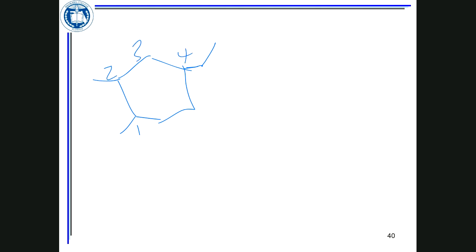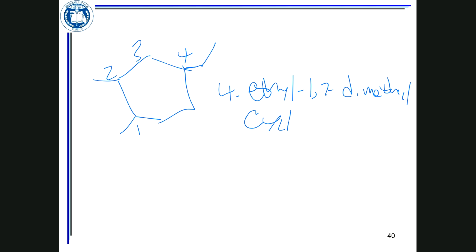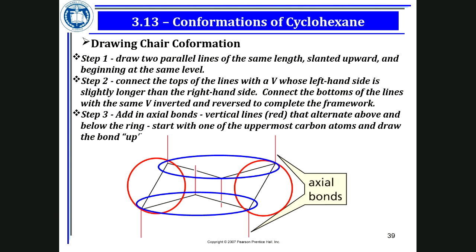So it's going to be 4-ethyl-1,2-dimethylcyclohexane. Okay, that's for naming of cycloalkane.